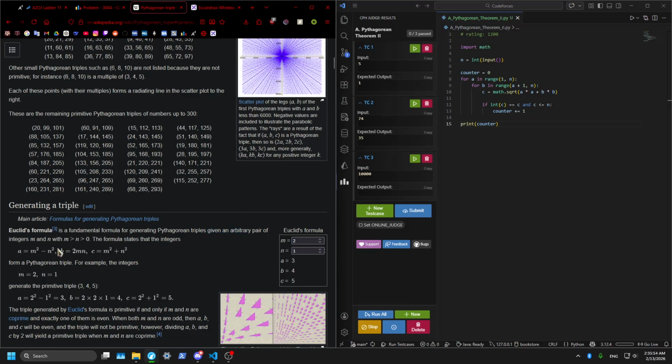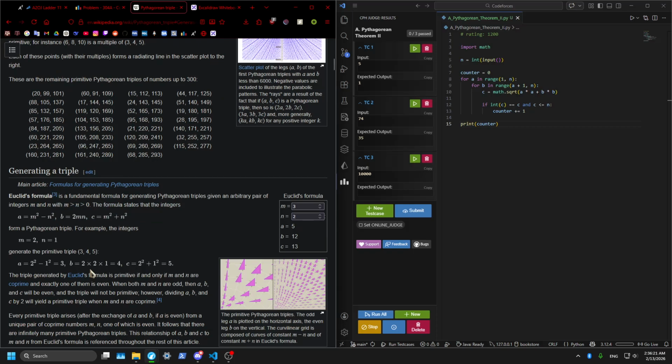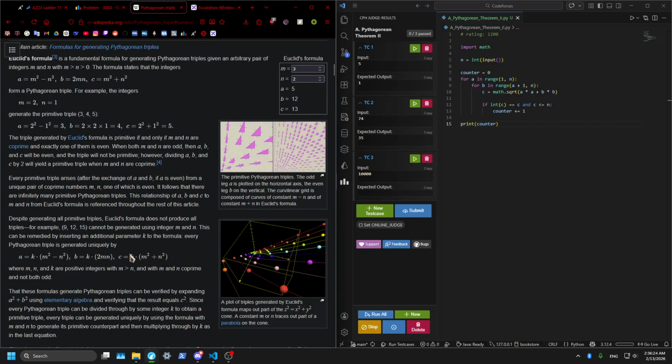Given an arbitrary pair m, n, the formula states that the integers a equals, okay, arbitrary 1, 2, 3, 2. Okay. So what is m and n? Like, what do we do with that?